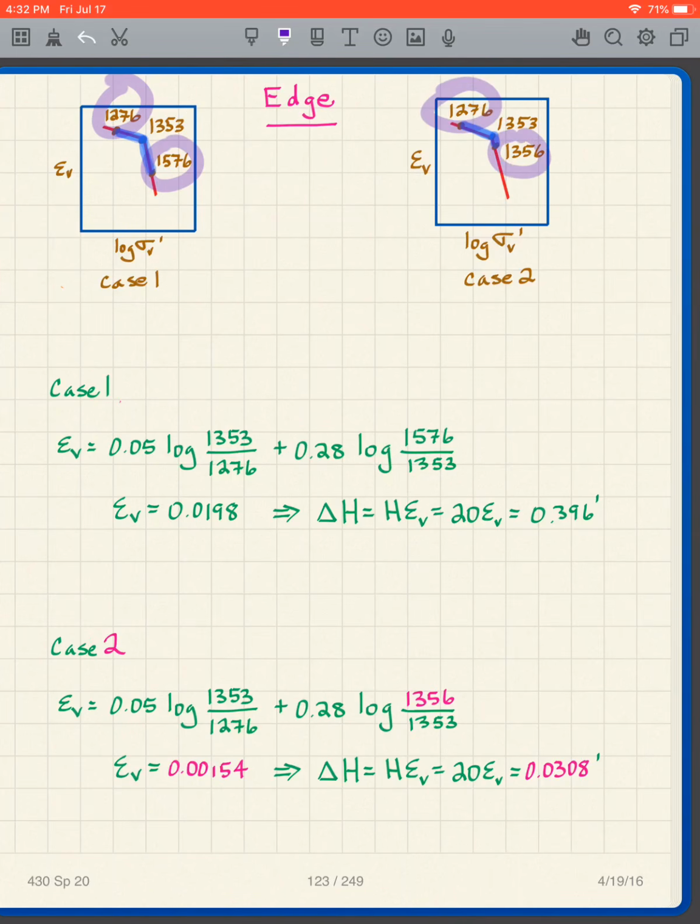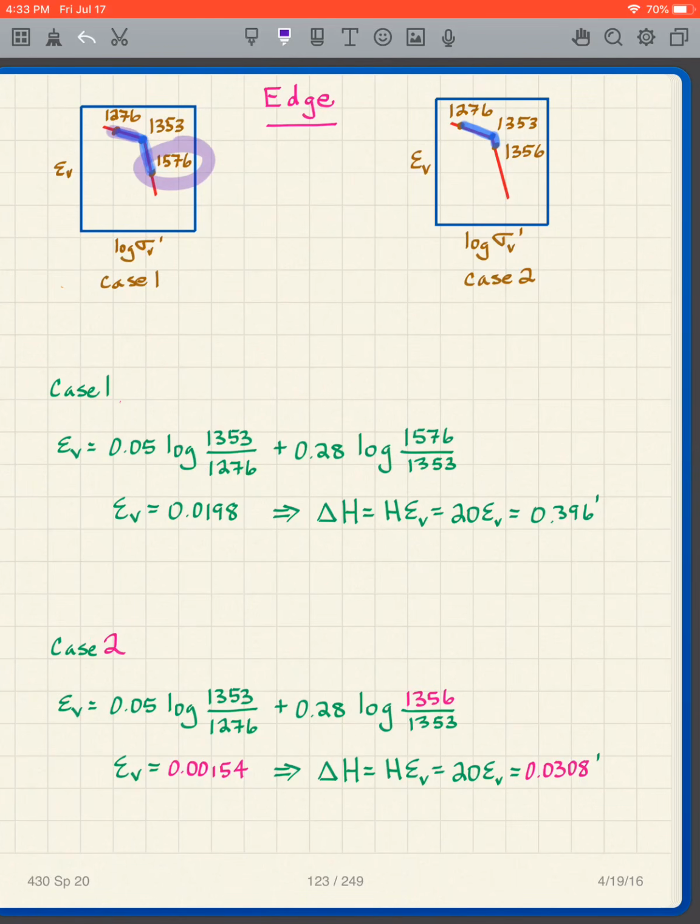In both of these cases, the sigma prime i, again, is to the left of sigma prime p. The sigma prime f is to the right of sigma prime p. And so in both cases, I have to use the whole equation, both slopes, that is. Again, I'm going to have 1353 over 1276 for that portion.